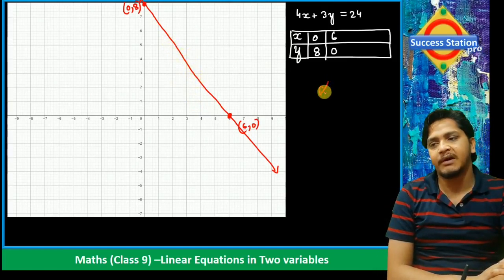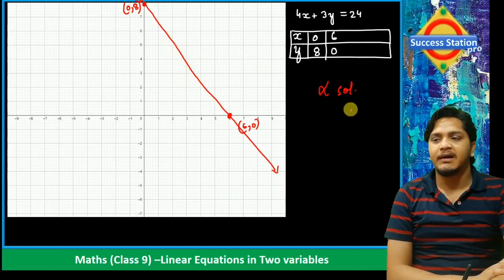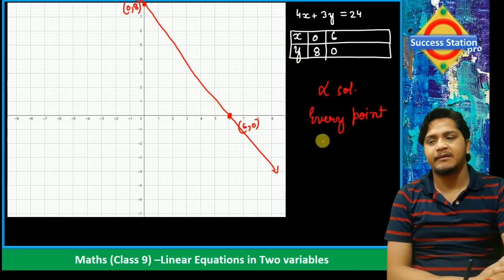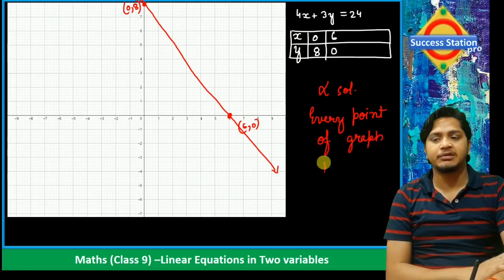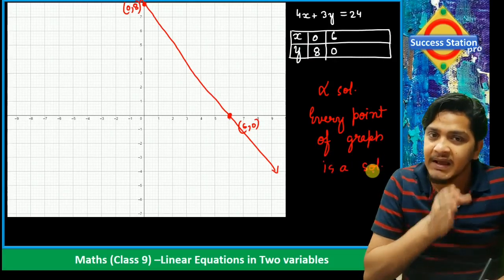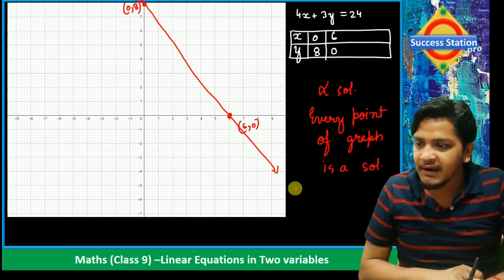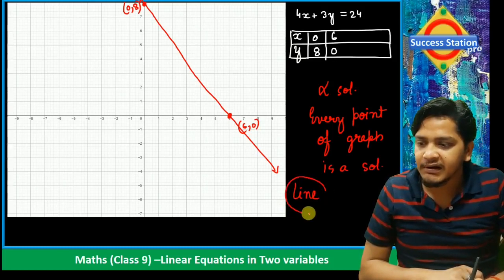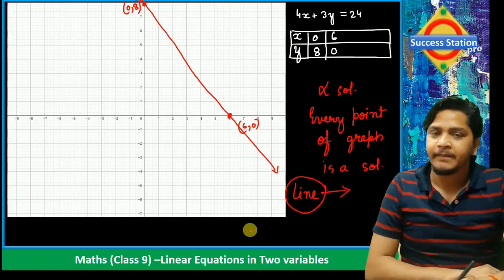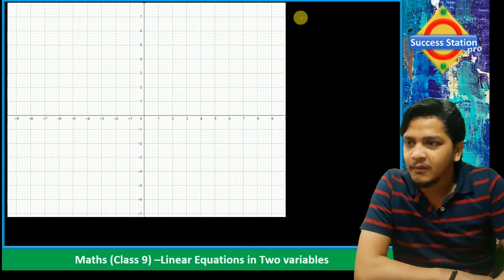So we get infinite solutions, and every point on the line or on the graph is a solution. And mind my words, I am saying a line, I never said a line segment. Whatever you obtained is a line, and a line can be extended in both the directions. Remember this. Clear? Okay. Now, what is the equation of the x-axis?